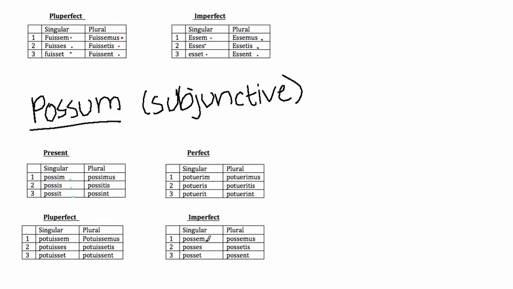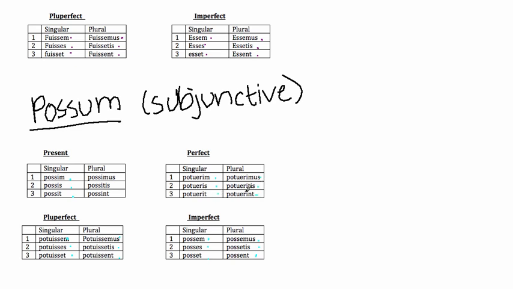So posse is the infinitive, and you add on your endings m, s, t, mus, tis, nt. The same goes for the pluperfect and perfect. You take your third principal part, potui, cross off the I, add the infix isse, and add m, s, t, mus, tis, nt. And perfect is no exception to the rules. You take your third principal part again, cross off the I, and add the endings erim, eris, erit, erimus, eritis, erint.